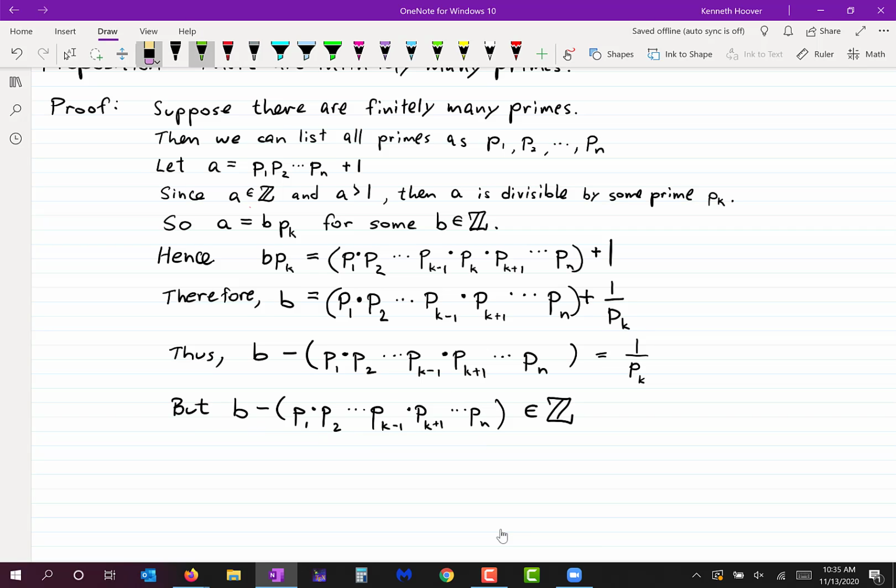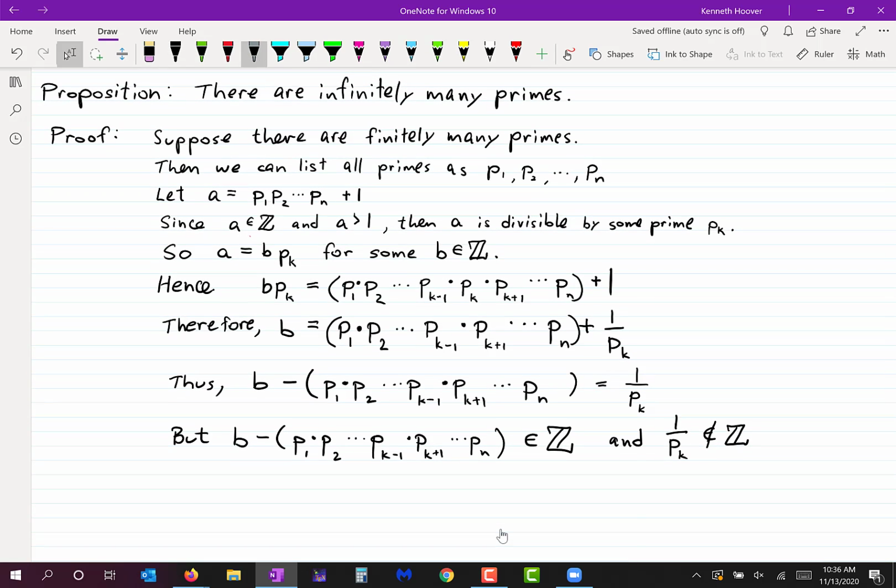But the right-hand side is not an integer, because pk is a prime number, which means it's bigger than 1, so 1 over pk cannot possibly be an integer. And that's our contradiction. Okay?